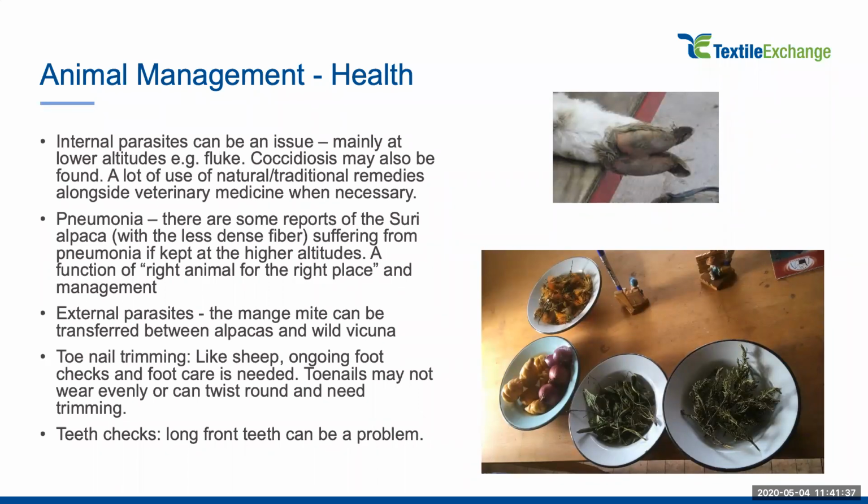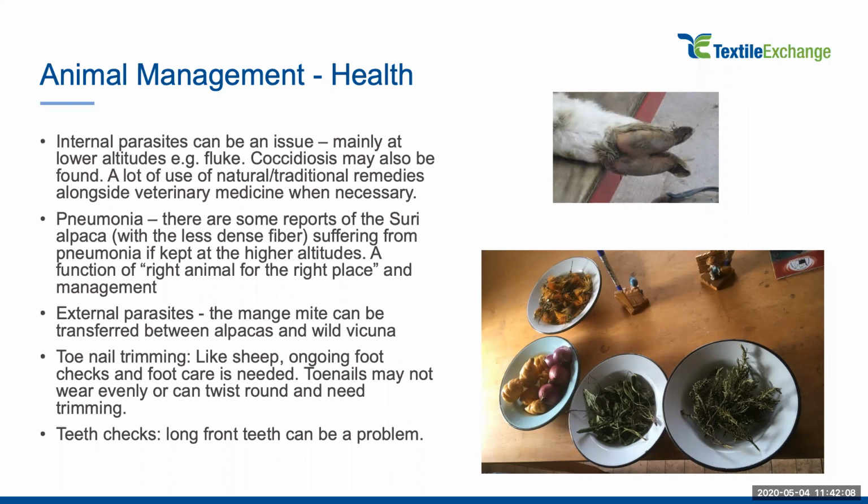The pictures of the bowls at the bottom there were from one particular farm, with the different herbs, dried herbs and leaves and flowers that he was using. And actually the bowl on the bottom left is potatoes. You're probably looking at that thinking that looks like potatoes. Peru does have incredible varieties of potatoes, but these were very specific varieties that this particular farmer was using as part of a traditional remedy as well.